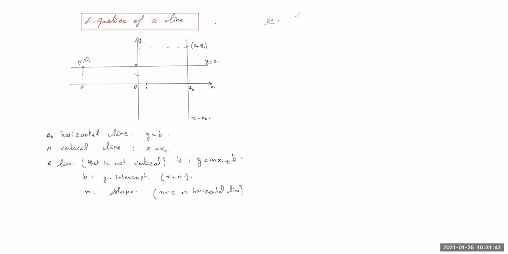Question one. You are asked to find the equation of the line with slope 2 and y-intercept minus 4.